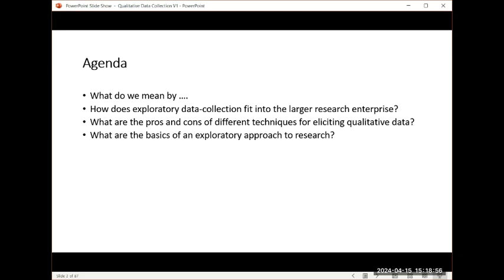Then I want to talk about how exploratory data collection fits into the larger research enterprise context. Then we'll talk about pros and cons of different techniques. And eventually, I want to bring us back and ask, what are the basics of an exploratory approach to research, putting it in a bigger context as opposed to just these techniques.